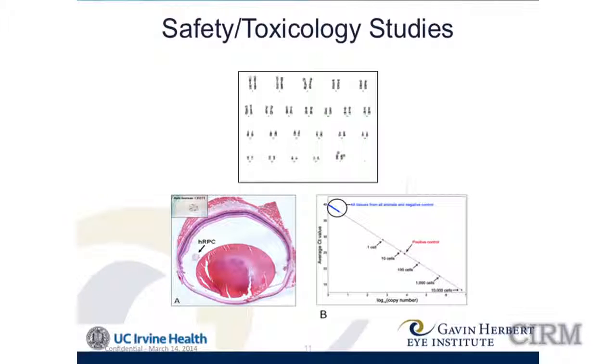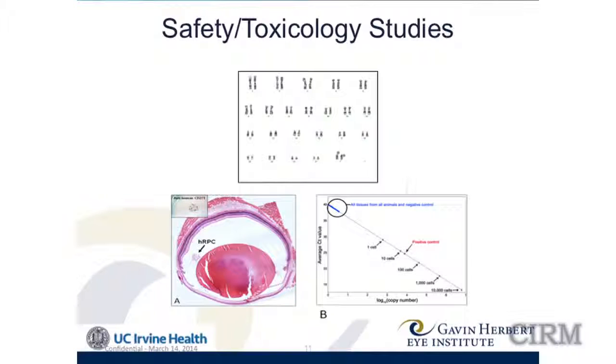The first part is I show you a complement of normal chromosomes up here at the top. That means that we have to look at the cells and show that their chromosomes are normal and characterize the cells very thoroughly to show that they're not contaminated and so on and so forth. In the lower left, you see a mouse eye.